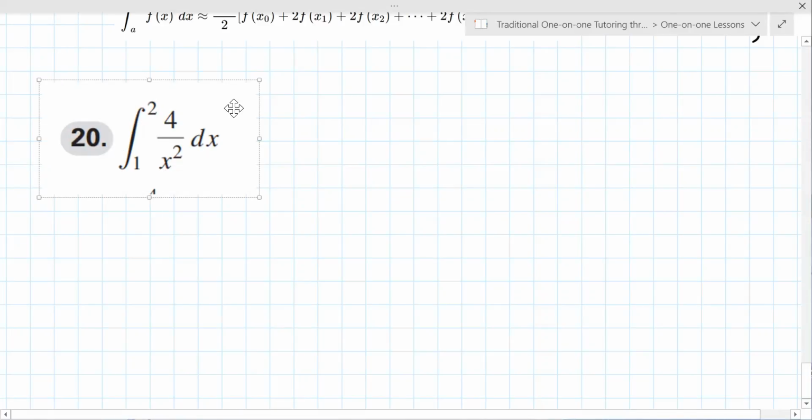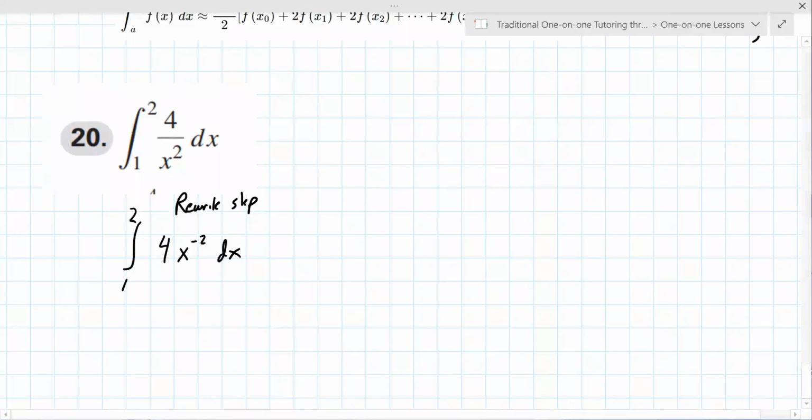Well, it might be easier to start by writing the x's, instead of 1 over x squared, it's x to the negative 2. I agree. I call that a rewrite step. Which would make it negative 4x to the negative 1.